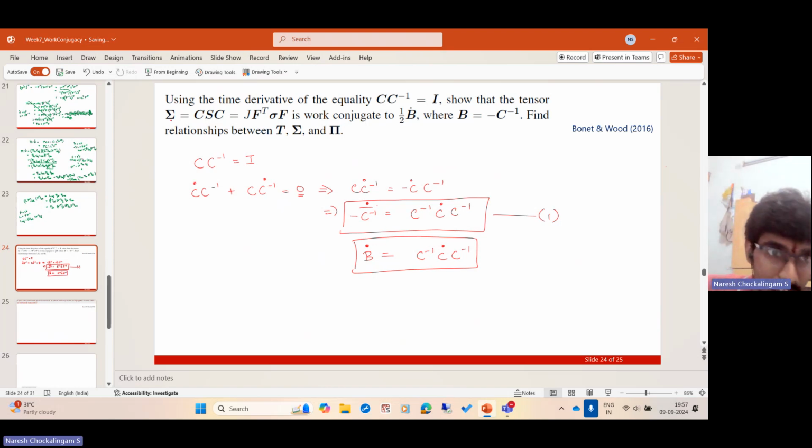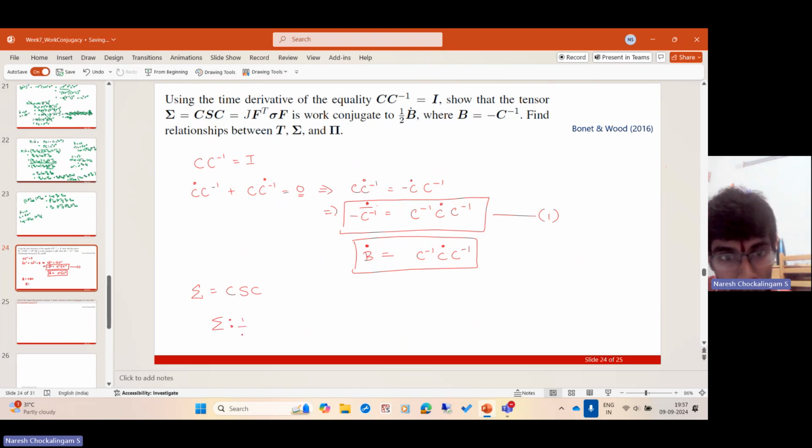Next, they're asking us to look at sigma is CSC. Now let us look at this sigma contracted with half B dot. What is it? It is CSC contracted with half, which can be taken out, B dot is C inverse C dot C inverse.